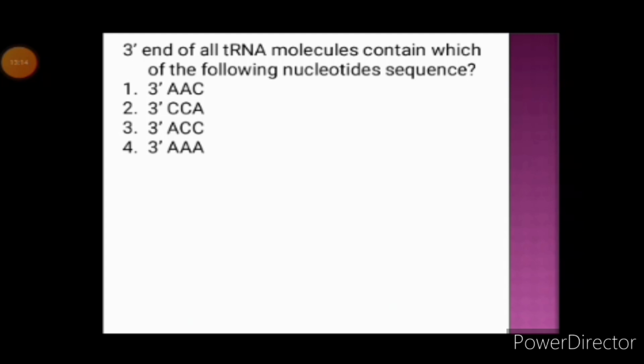Next question. The 3' end of all tRNA molecules contains which of the following nucleotide sequences? Option 1, 3' ACC... option 2, 3' CCA; option 3, 3' ACC; option 4, 3' AAA. And the correct answer is option 2, 3' CCA. C stands for cytosine base.